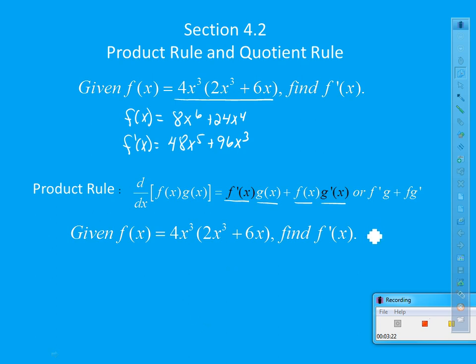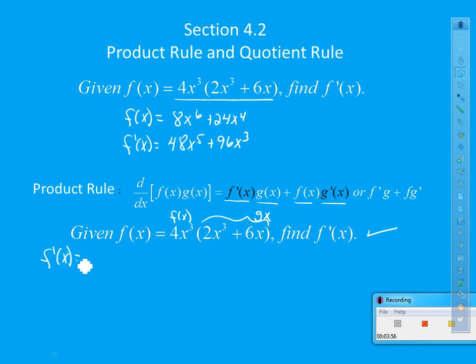Here's this same problem using the product rule. Like I said, it's longer, but you've got to see the big picture on where I've got to get you to. So here's what the product rule would look like using this. This would become my function f of x. This becomes g of x. I say f of x and g of x, and then really once I get rolling, I say the derivative of the first times the second. So here's what it would look like.